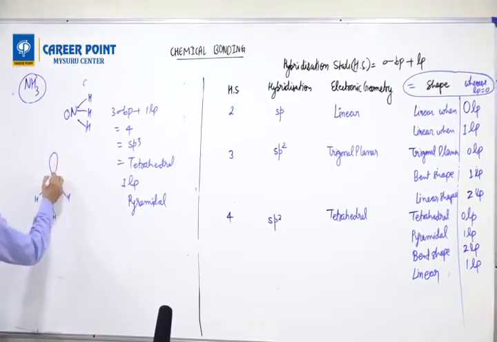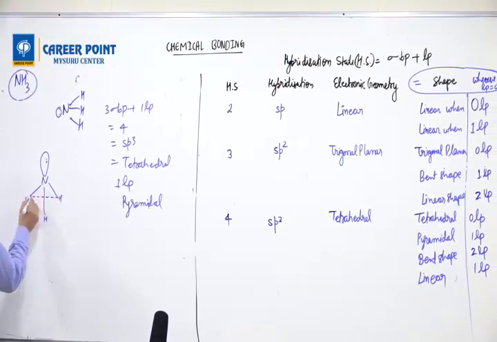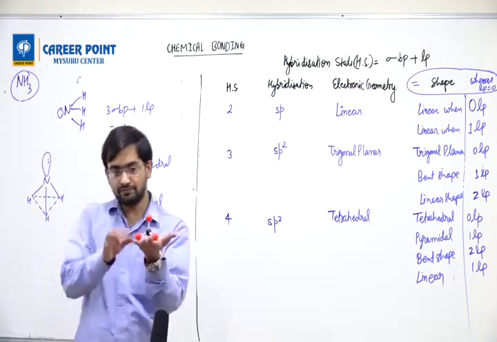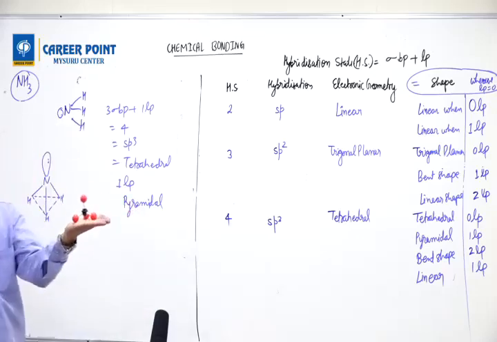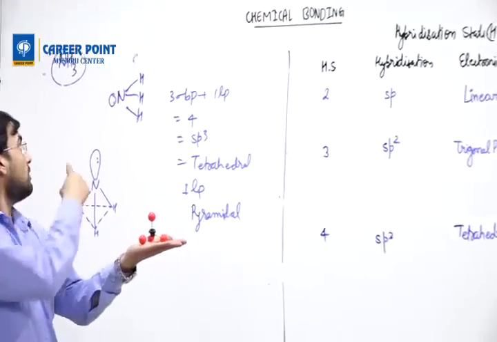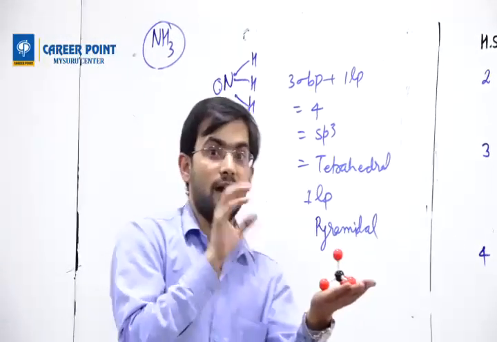But if you want logic, here is a logic. H, lone pair, and you can draw them something like this. It will become a trigonal plane. Now you see in this diagram, this is tetrahedral, but I don't want one more atom. I got only 3 atoms, 3 hydrogen. Nitrogen is there, but I don't have 4 hydrogen.